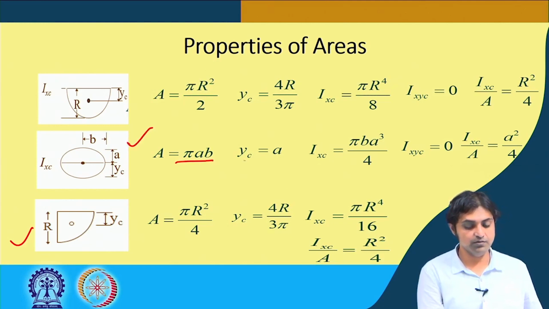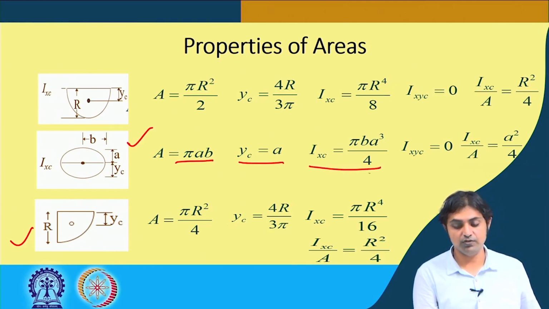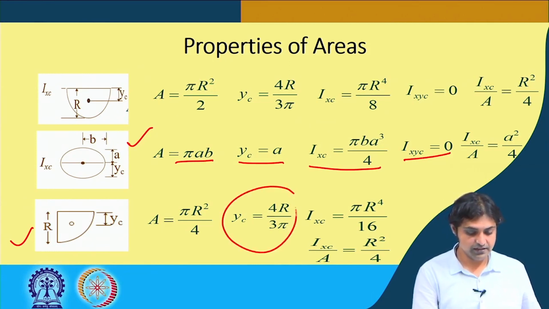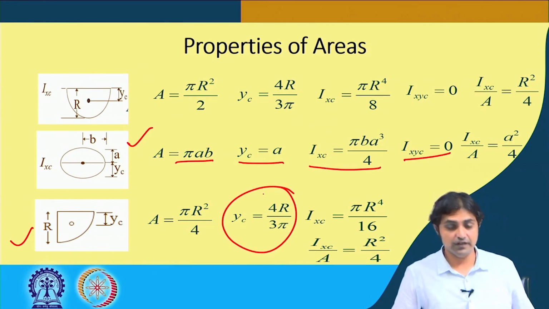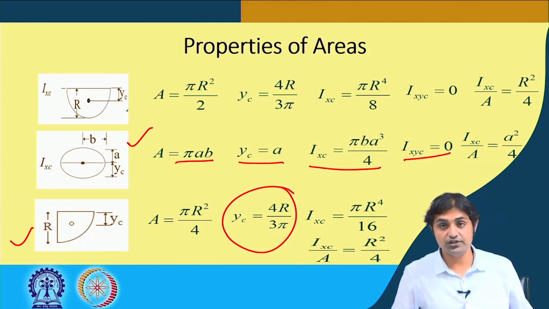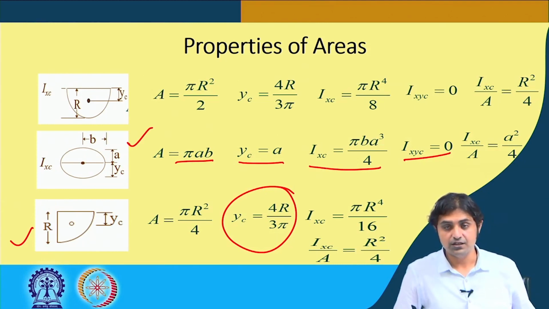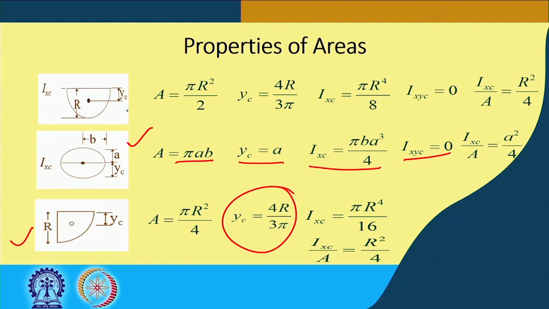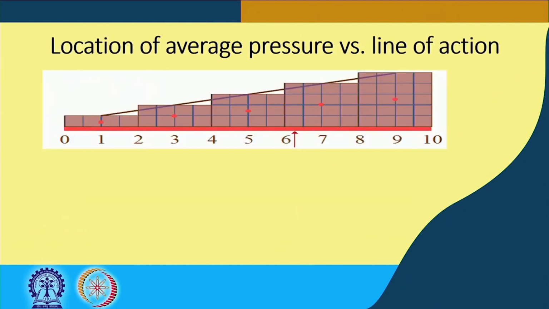So area is pi AB, yc is A, Ixc is pi B A cube by 4, Ixyc is 0 because it is also symmetric around the centroid. Similarly here, yc is 4r by 3 pi. This value is important because most of the gates used in hydraulics have these type of openings. We will come and see this later.